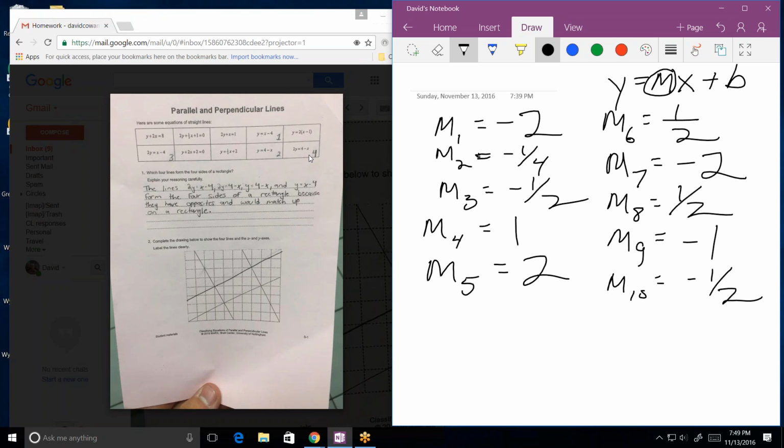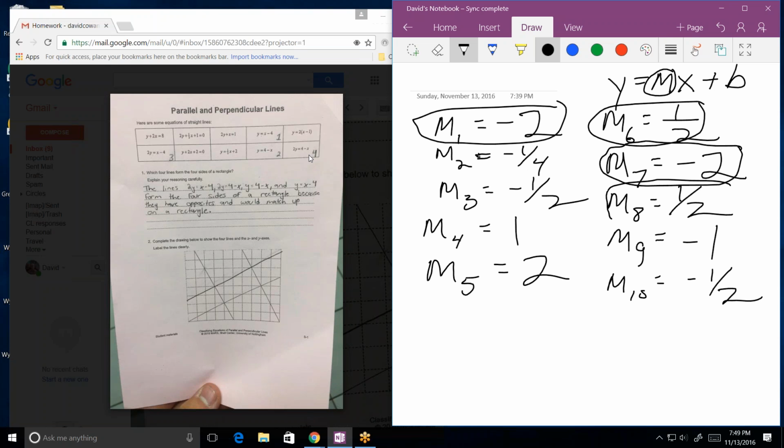So if I take this one, those are my 2 parallel sides of the rectangle. And then this one and this one, they're parallel to each other and they're perpendicular to M1 and M7. So those 4 equations would represent a rectangle.